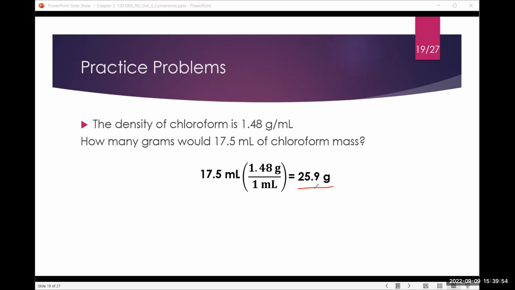If we need exactly 25.9 grams of this liquid, we can get a graduated cylinder and measure out 17.5 milliliters, because based on the density, that 17.5 milliliters would weigh 25.9 grams. So here we start off with volume and multiply by the density to give us units of grams.